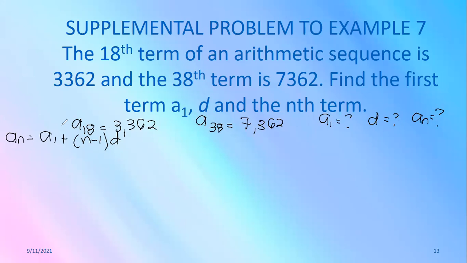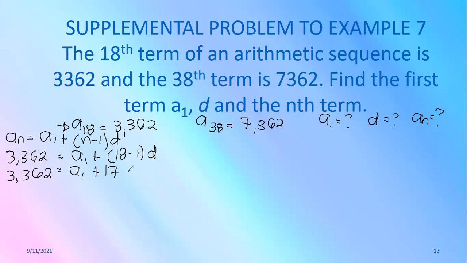Let's use all the given first. We use this. So 3,362 equals a sub 1 plus 18 minus 1 multiplied by d. So 3,362 equals a sub 1 plus 17d. This will be your equation 1.